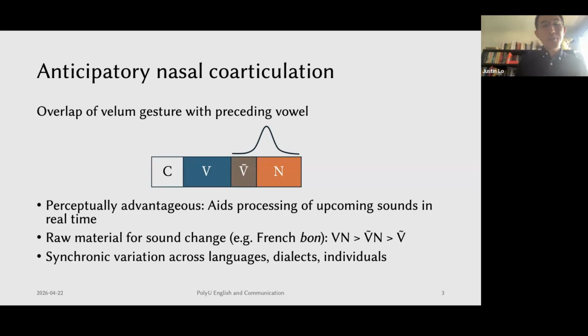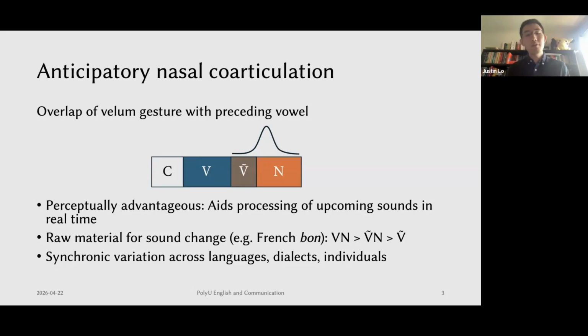That also links up with the next point, which is that we know that this kind of co-articulation acts as some kind of raw material for sound change. This is something I'm quite interested in exploring in this line of research.